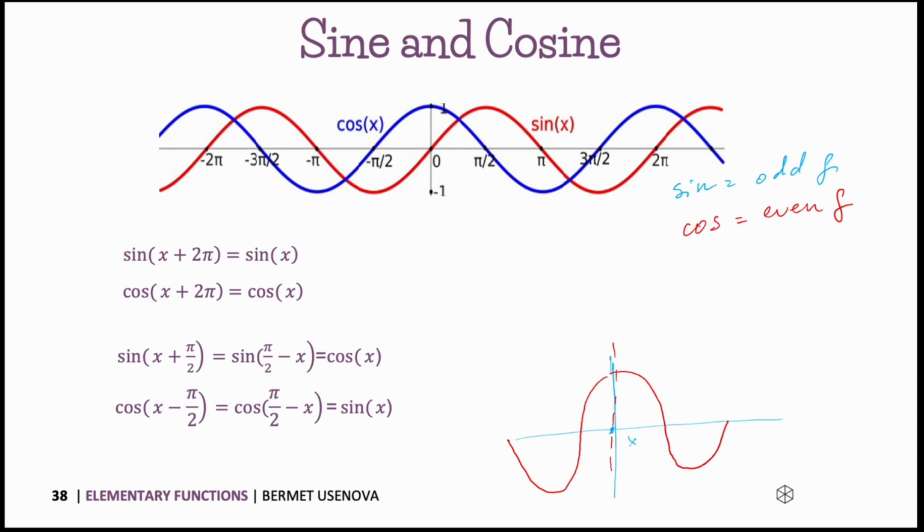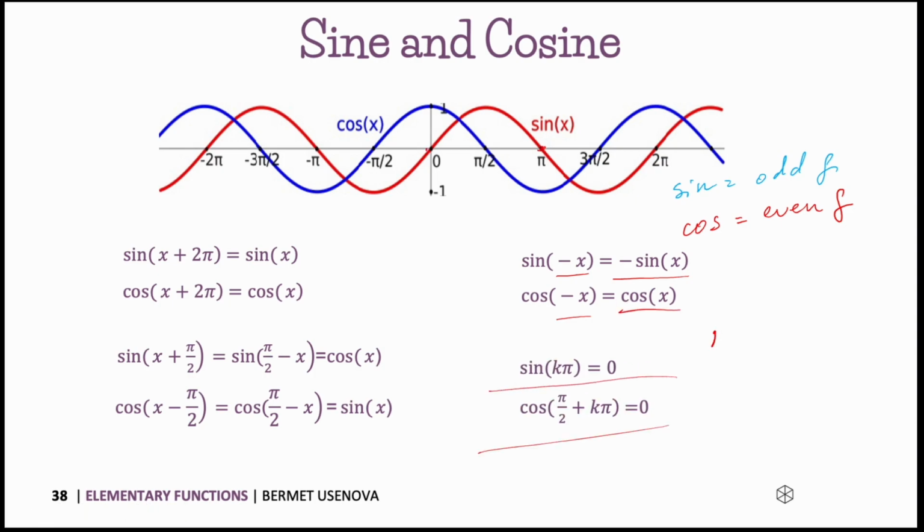And if you remember the rules that we had for odd and even functions, that's why sine of minus x will equal minus sine x, and cosine of minus x will just equal cosine x.